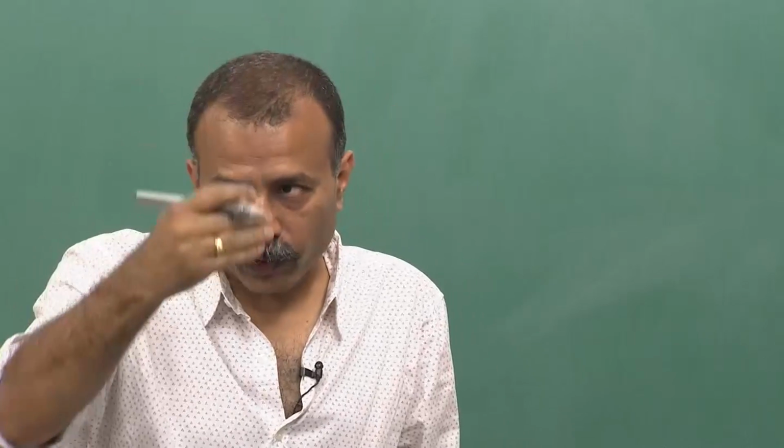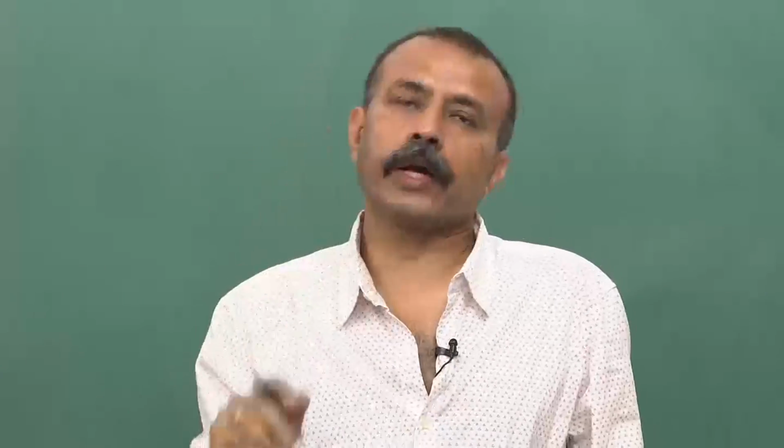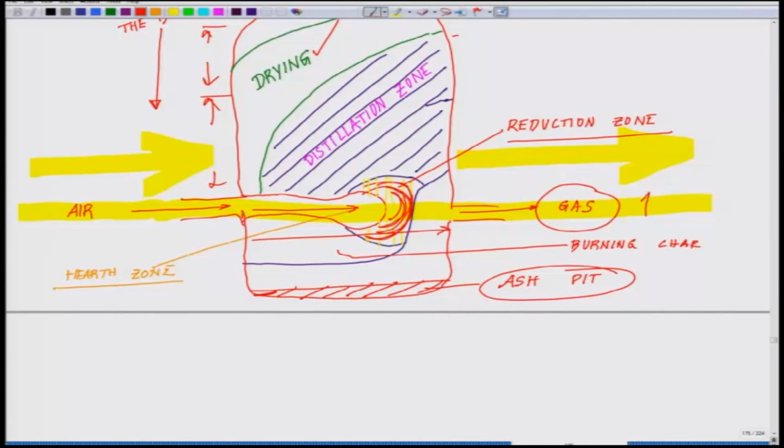It is not falling down, it is taking place at one specific location. So, you really cannot remove the tar. So, tar concentration is higher and the gas which is coming out is hardly getting any time to travel through, the gas is at a very high temperature. So, that reduces the overall efficiency of cross flow gasifiers.